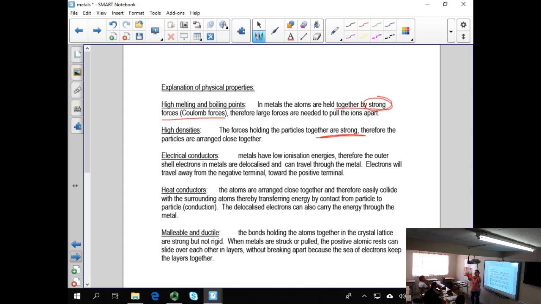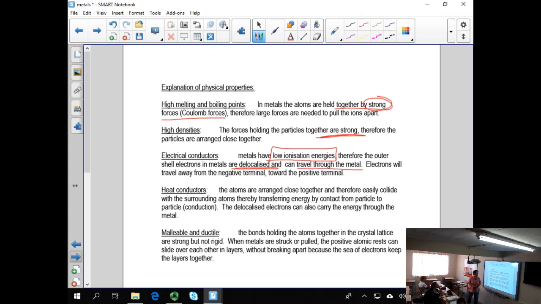So if metals have low ionization energies, they don't have a strong attractive force on the outer shell electrons. Do you follow? So, metals have low ionization energies. Therefore, the outer shell electrons are delocalized. It's easy to remove them because the force holding them in the outer shell is not strong. And they can travel through the metal.